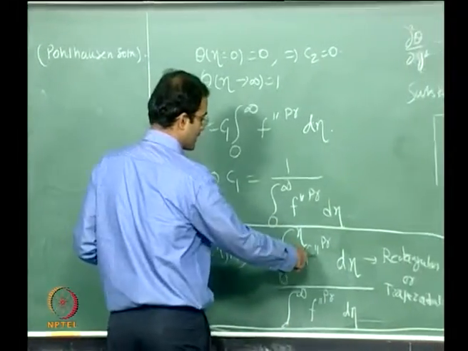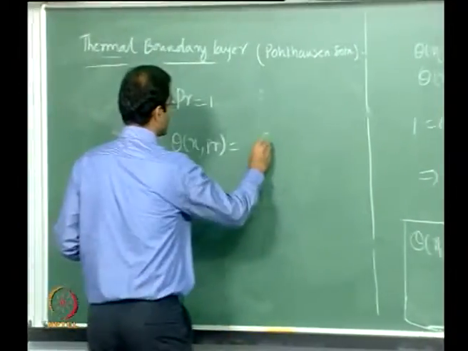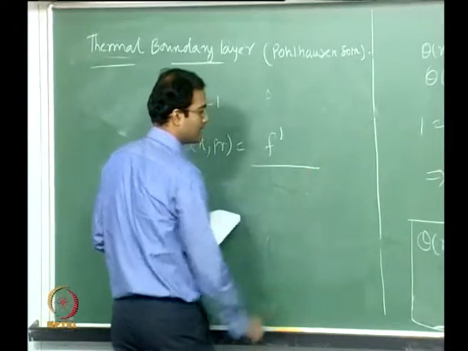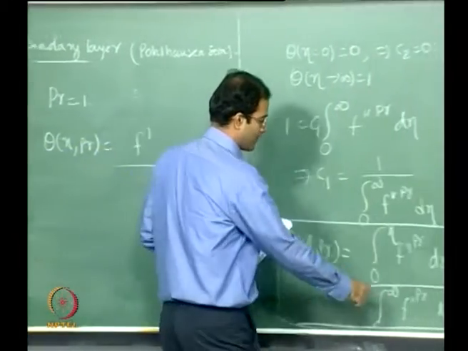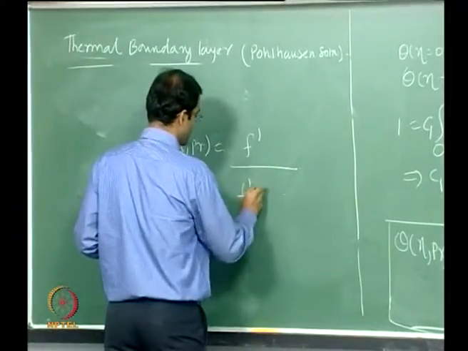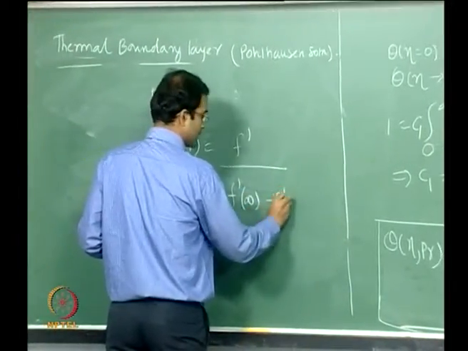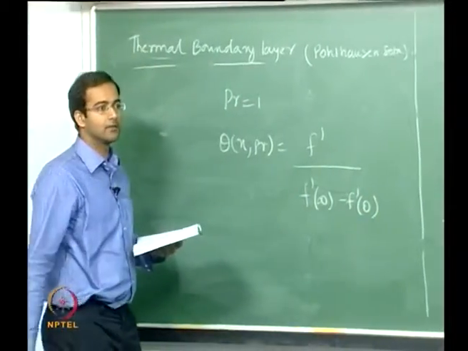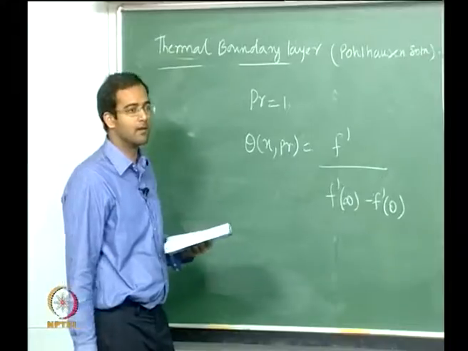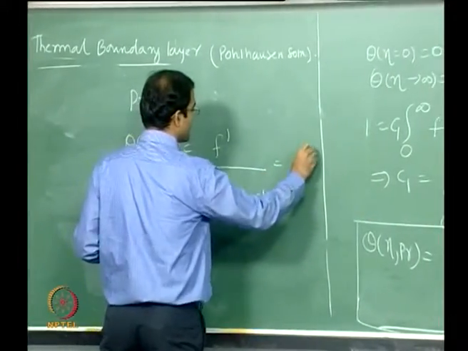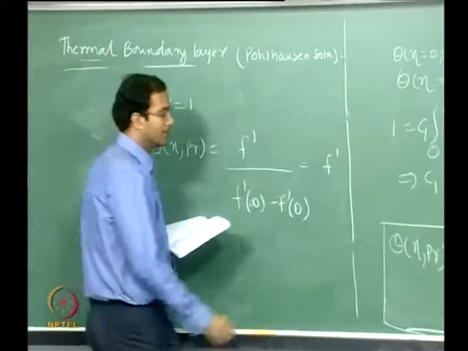So 0 to eta, f double prime will be f prime, correct, divided by, this is again f prime between the limits 0 and infinity. So I can say f prime at infinity minus f prime at 0. So f prime at infinity, what is the value? 1, and this is 0. So this is essentially f prime. And now what is f prime?